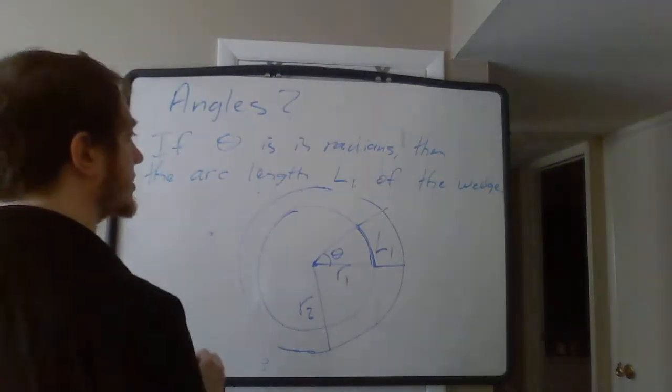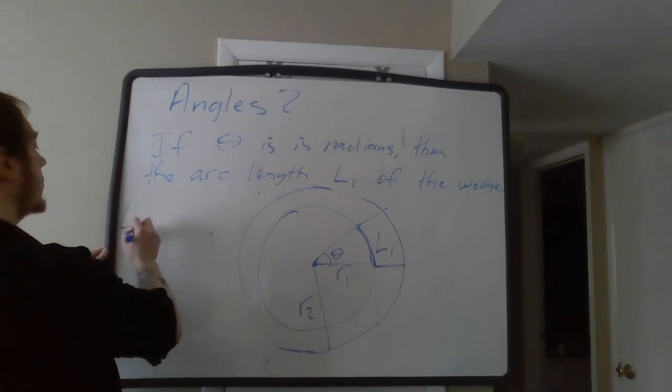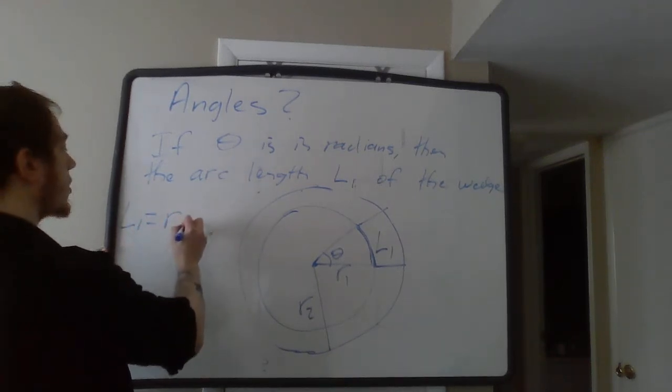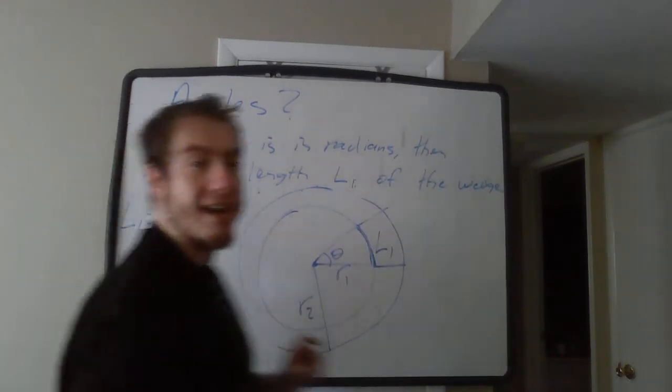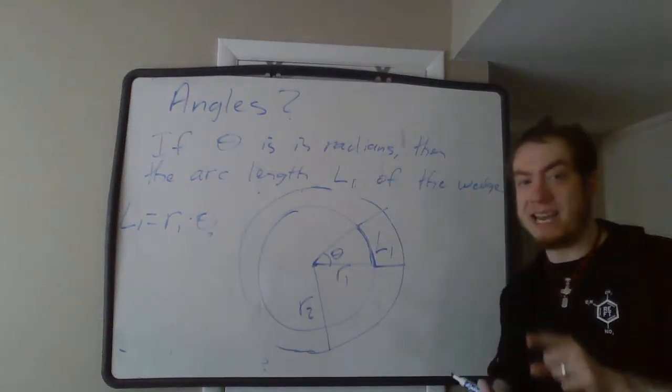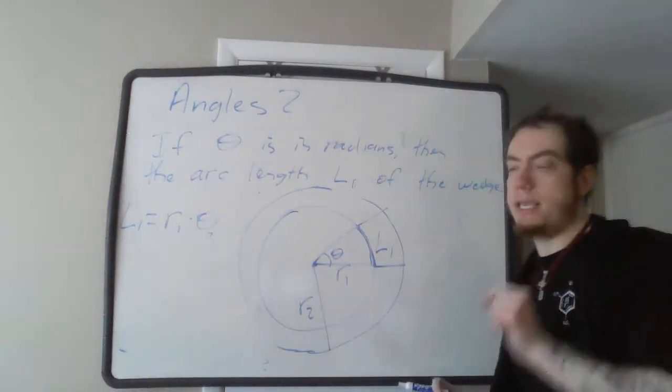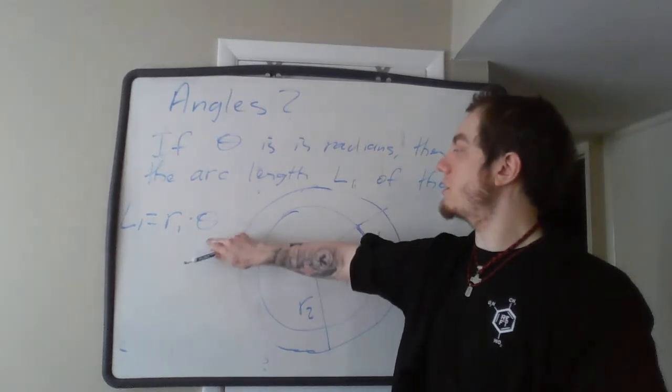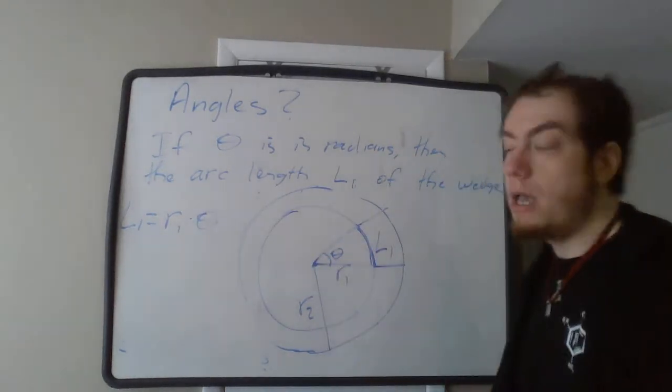It is actually just given by L1 is equal to R1 times theta, as long as you measure theta in radians. And that's the important thing. You have to have theta in radians in order to have this nice relationship.